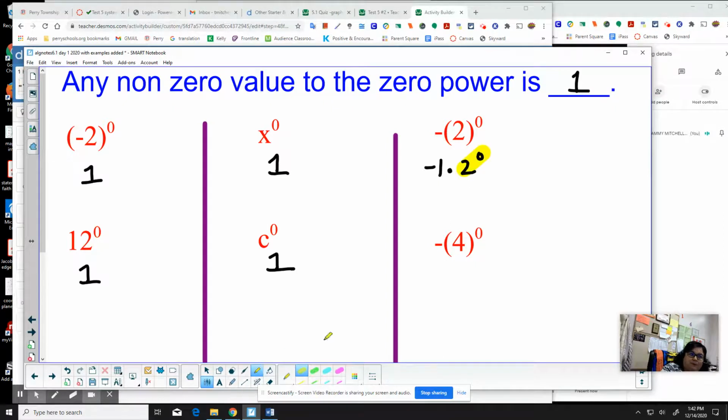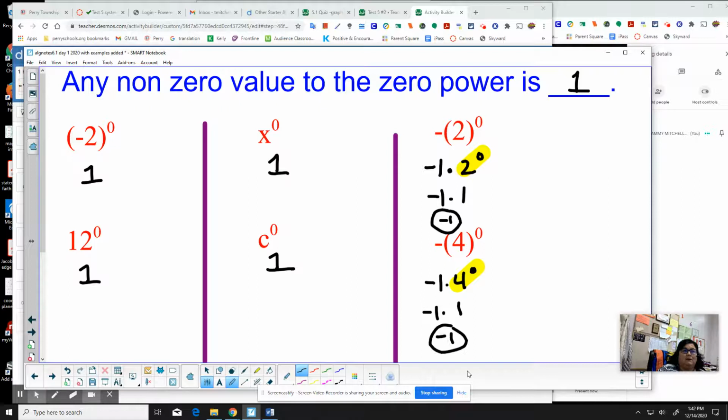This part, 2 to the 0, is 1, but -1 times 1 is -1 total. And then over here, -1 times 4 to the 0. Well, 4 to the 0 is 1, and then -1 times 1 is -1. So make sure you understand that there are 2 steps. PEMDAS kind of takes over here on these 2, where these are just 1 step.